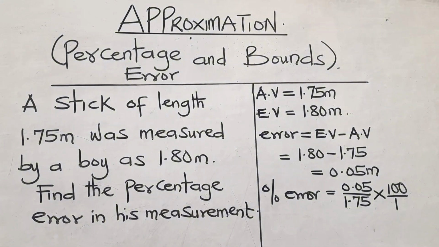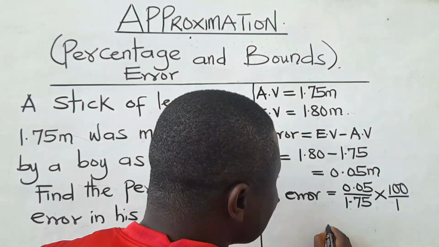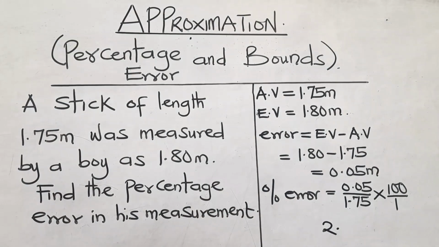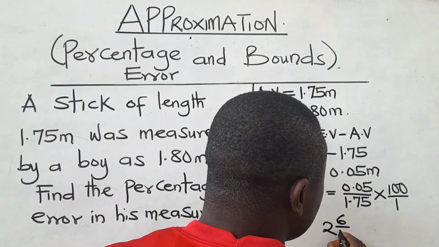This is what it is. So with our calculator, we'll have it to be 2.67. Wow. Okay. Two whole numbers, 6 over 7%.